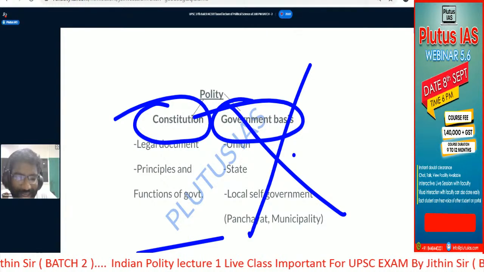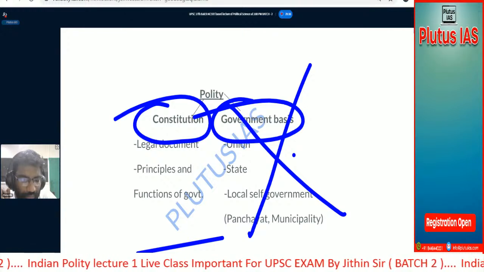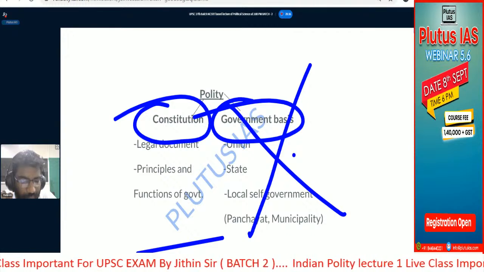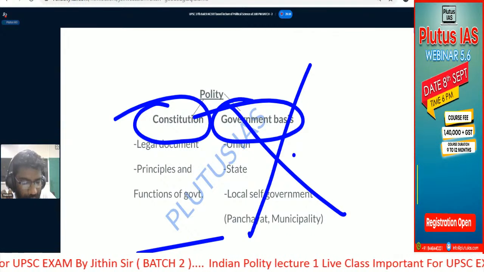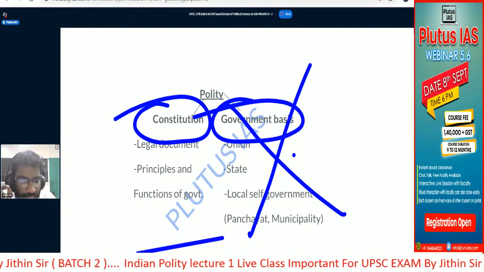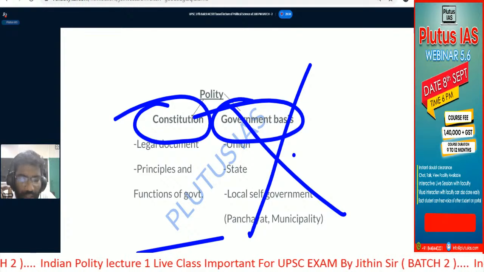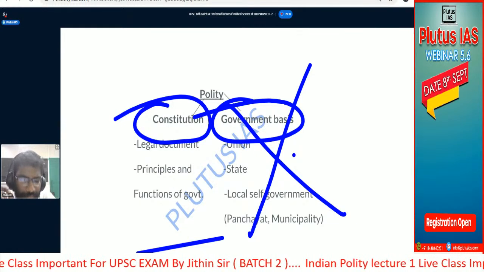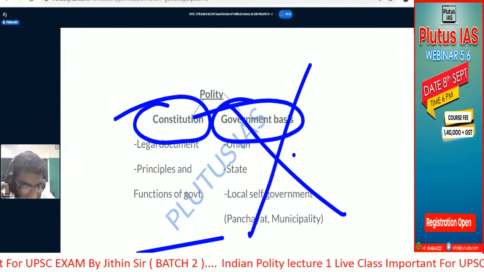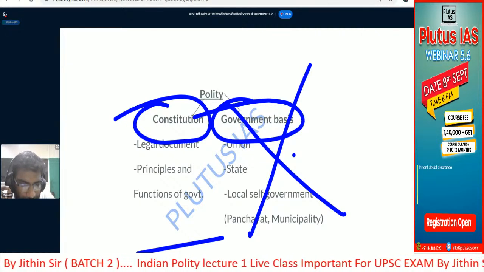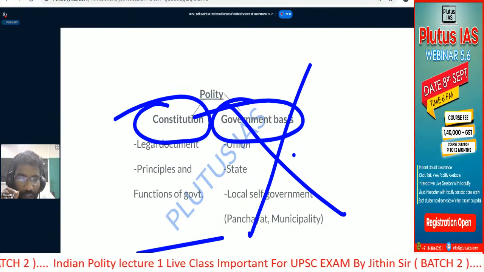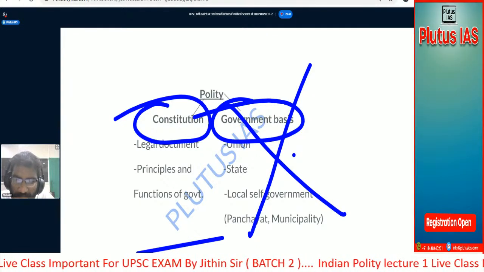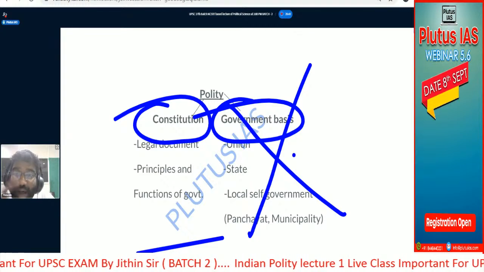A constitution is a legal document. It consists of principles and functions of the government of a state.